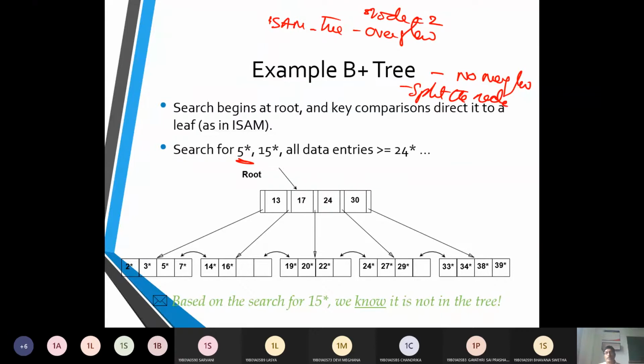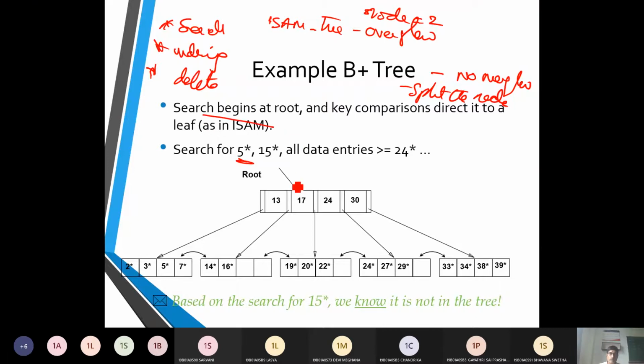These are the two key takeaways that differentiate ISAM from B plus trees. The three basic operations which can be performed over B plus trees are searching, inserting, and deleting.